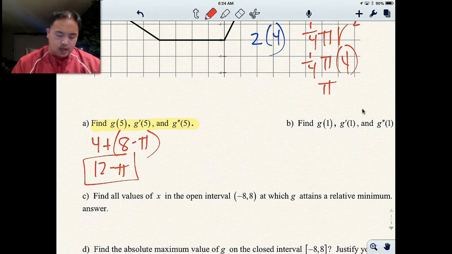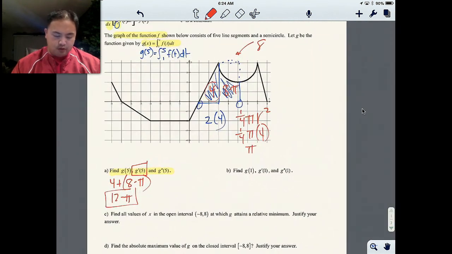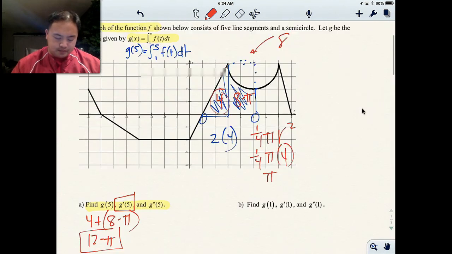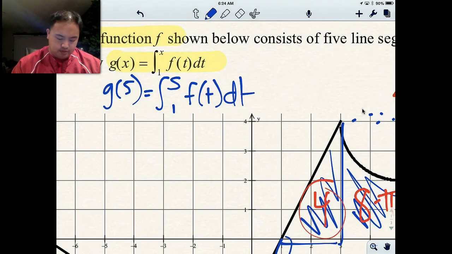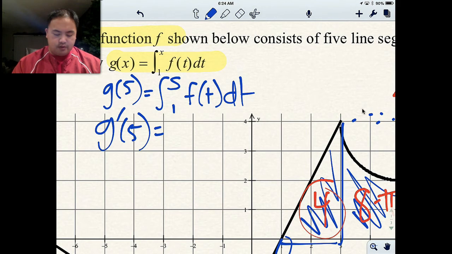Next part says I want g prime of 5. If I want the derivative of that, it means take x and plug into t.